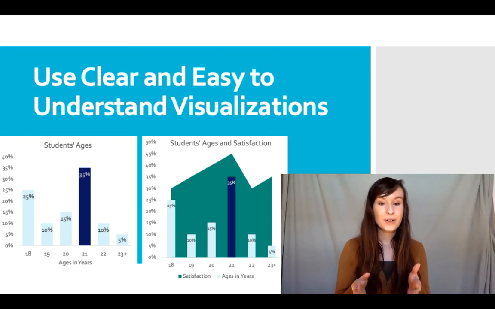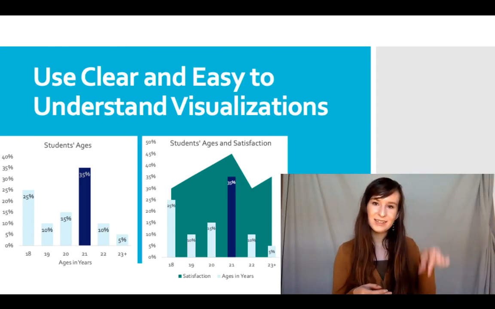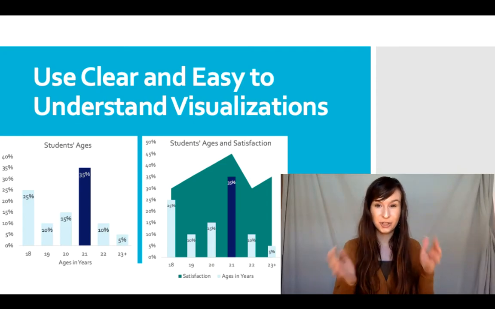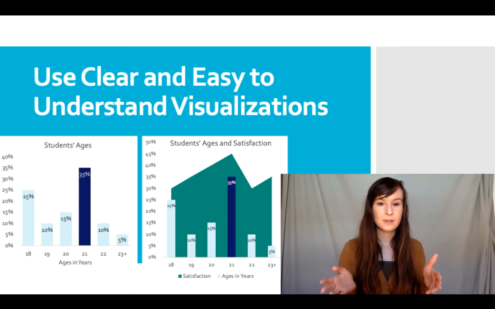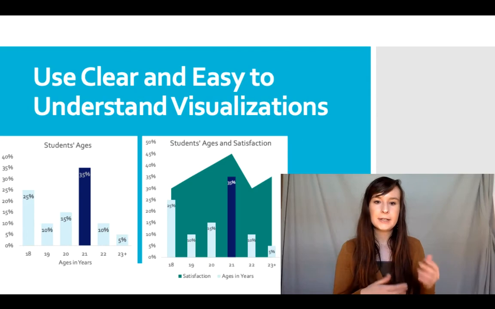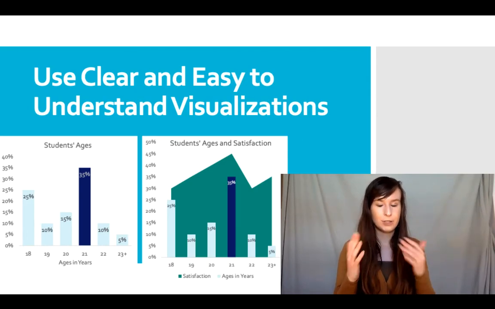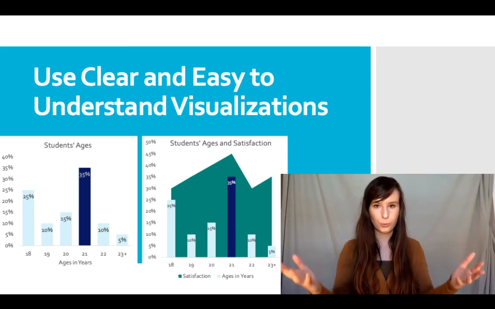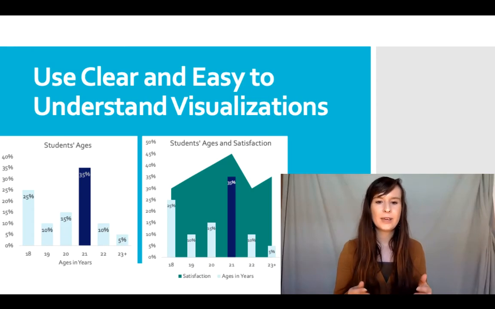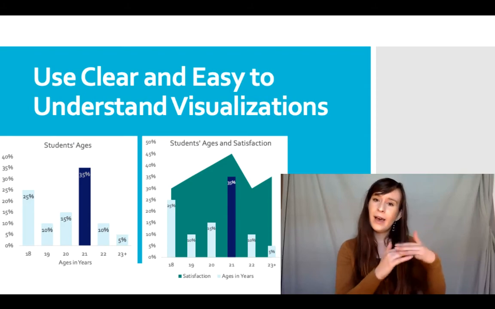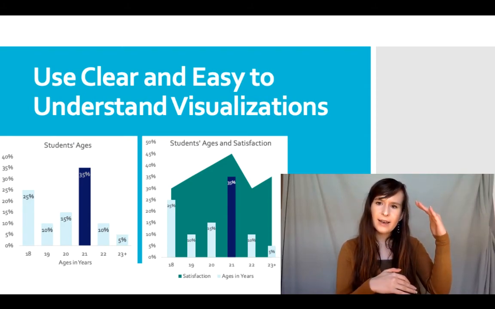If you look into it further, actually the y-axis percentages are interpreted differently, because we have ages in years, the percentages, which are a part of the whole group, and then also we have satisfaction, meaning out of that specific age group, how many of them were satisfied.